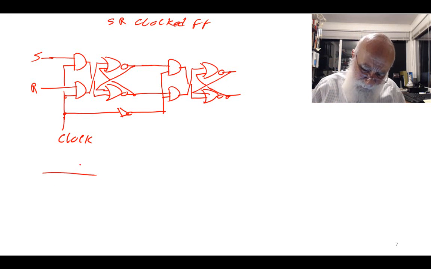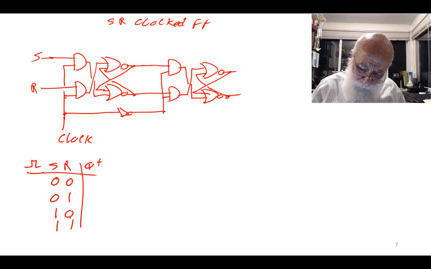First of all, this is the problem I have with my SR. SR, and then the clock, Q plus: 0 0, 0 1, 1 0, 1 1.